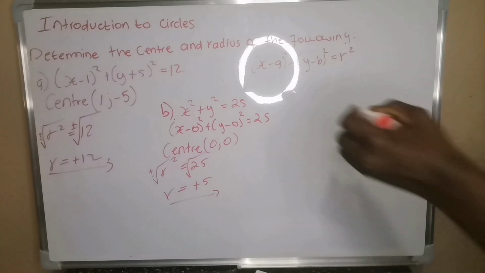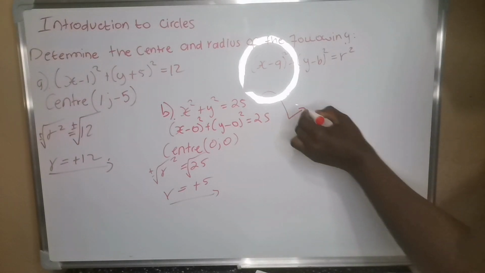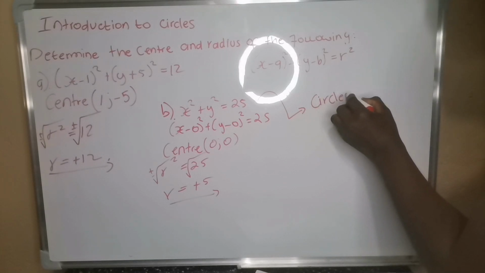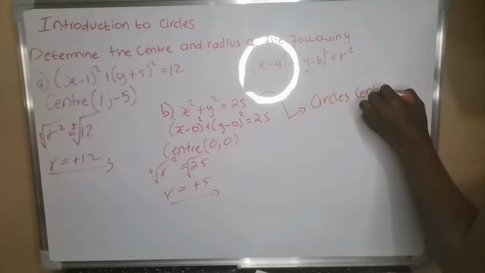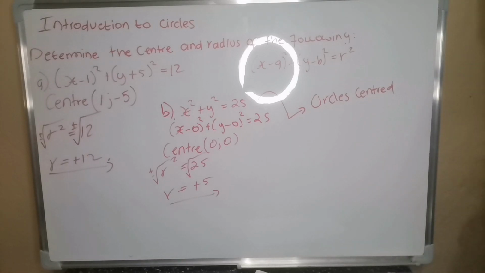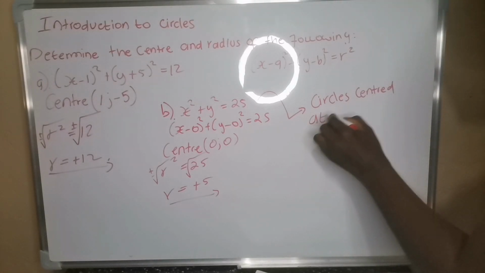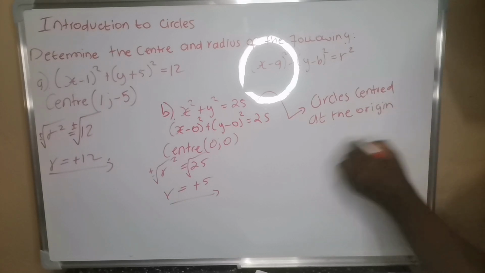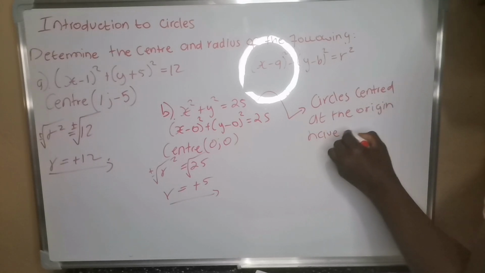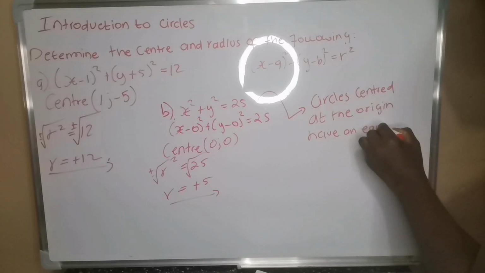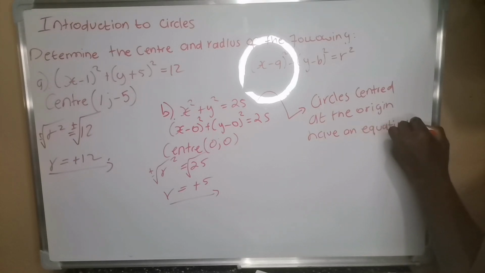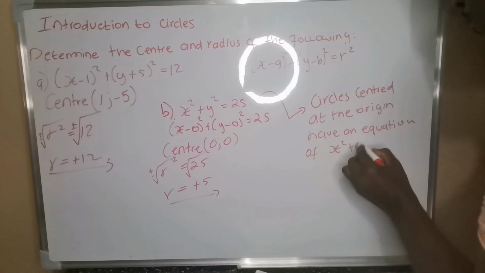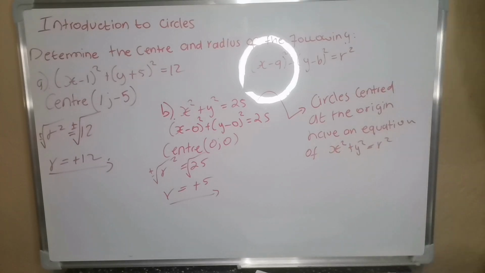Now we know. Circles centered at the origin have an equation of x squared plus y squared is equal to r squared.